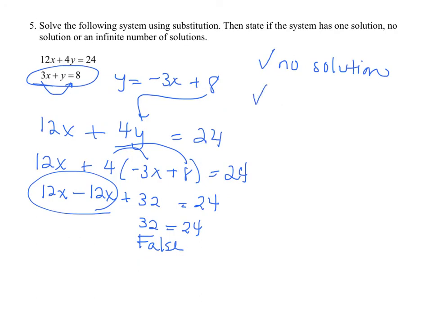Also, the lines on a graph would be parallel. And last but not least, the system is inconsistent.